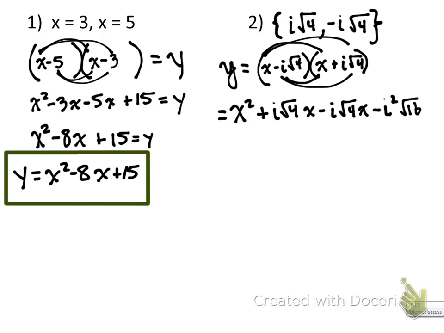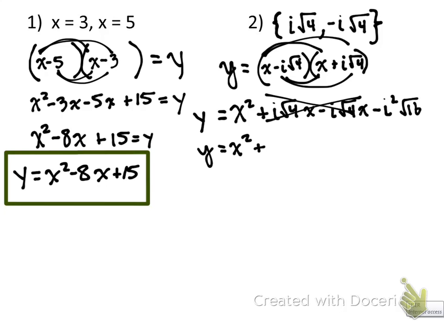This is all equal to y, by the way. We got y is equal to x squared. These 2 terms cancel out, and all I'm left with is negative i squared. What's i squared really equal to, class? I squared is equal to negative 1, right? So a negative negative is really a positive. Rad 16 is 4.